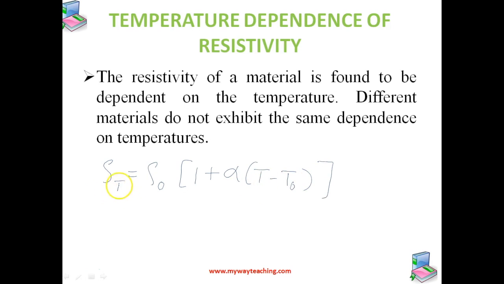Here rho T is the resistivity at a temperature T, and rho naught is the resistivity at a reference temperature T naught.